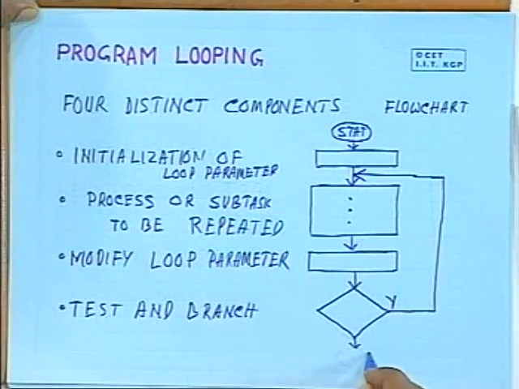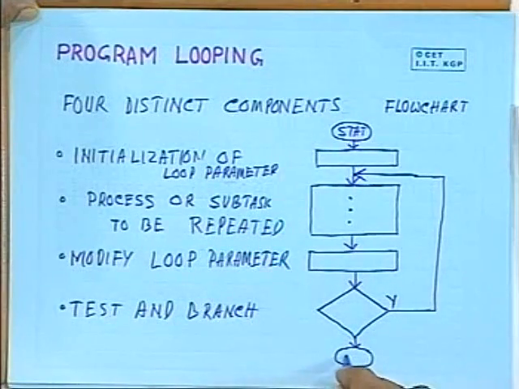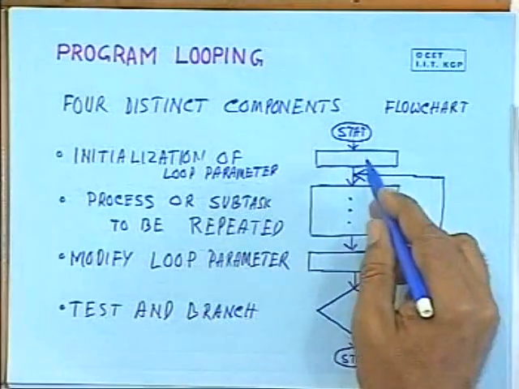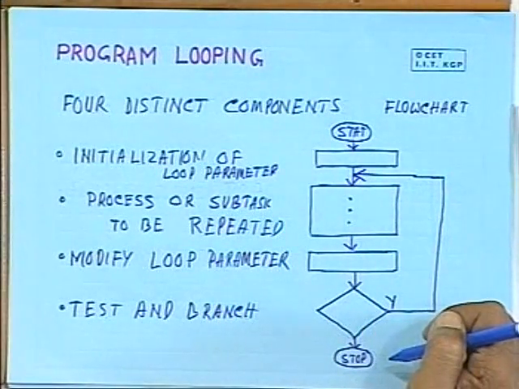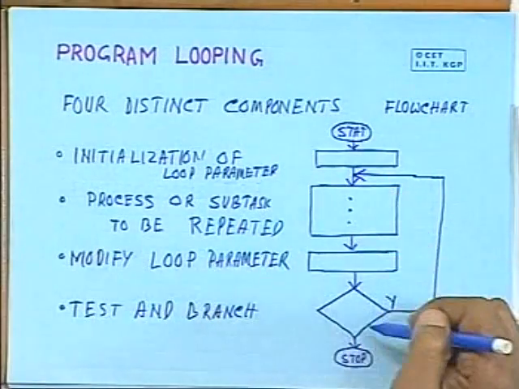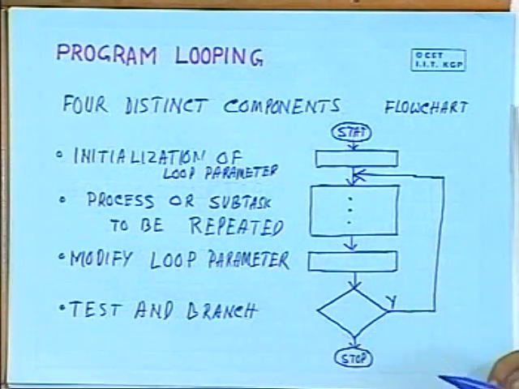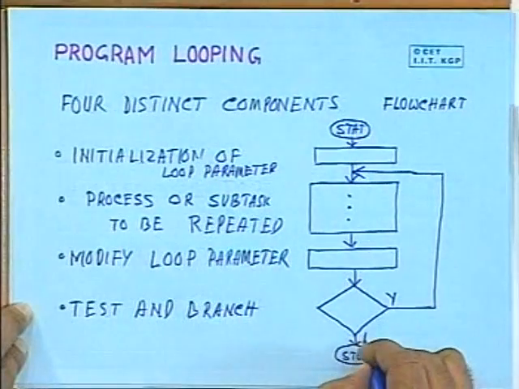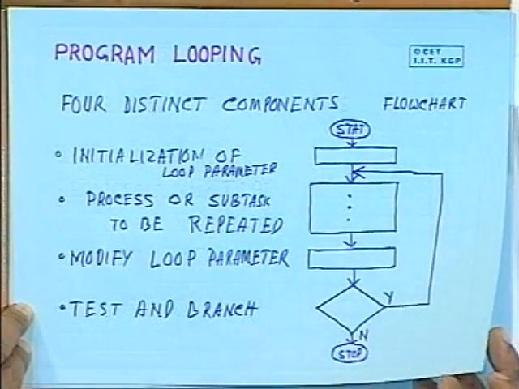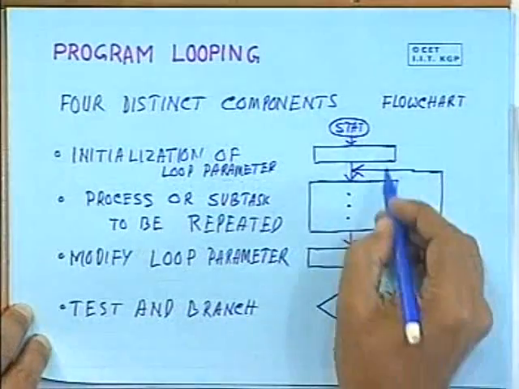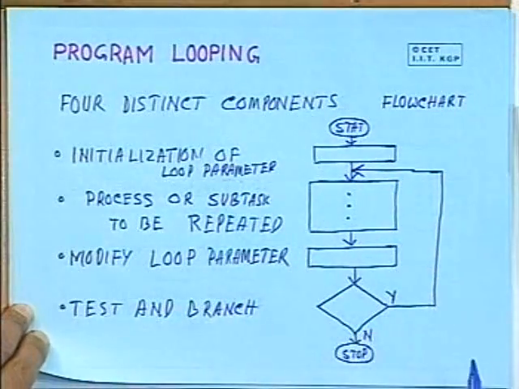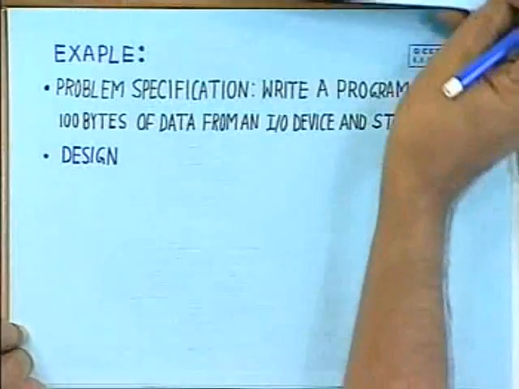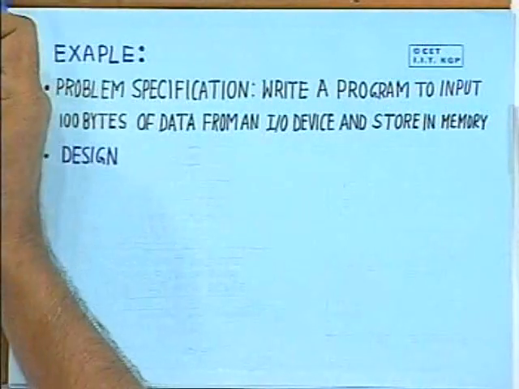Otherwise, it comes out and the program stops. So this is a generalized schematic of a program which performs looping. Let us illustrate with an example, then it will be clear how these different blocks are implemented, and particularly I should discuss the decision box.